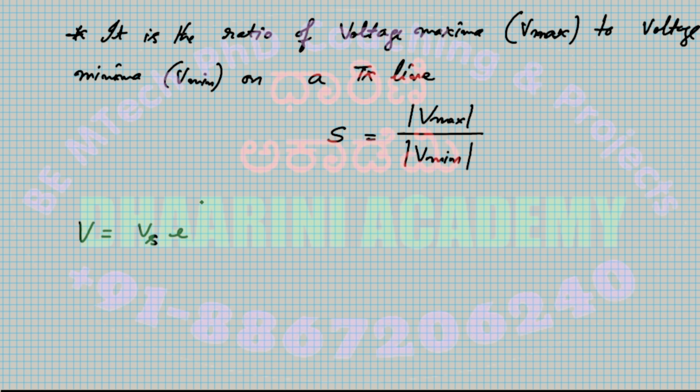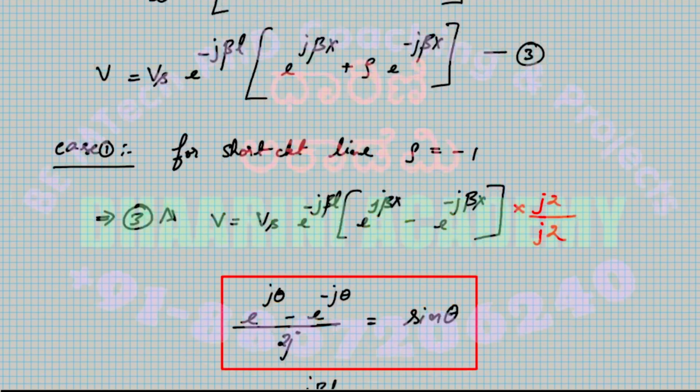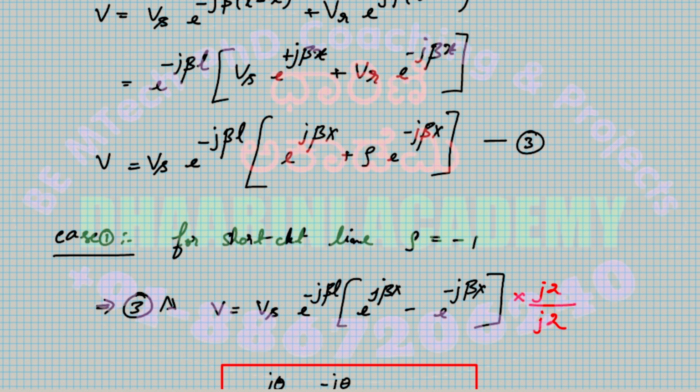Just recall this from the previous section. We got minus j beta L in place of L and x, correct? e to the power j beta x plus rho times e to the power minus j beta x. Are you fine with this equation? I'll show you. Yes, you see here, this equation number 3 is what I have copied.